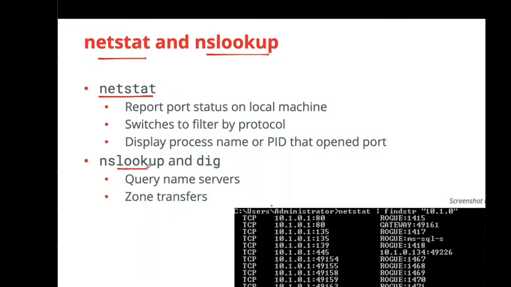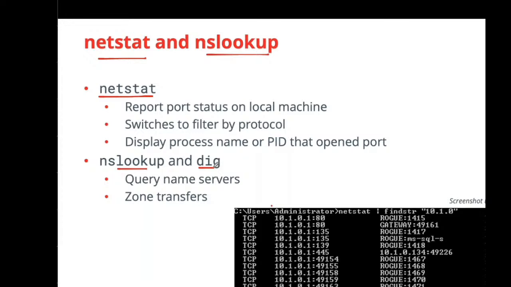Then you have nslookup in Windows and dig in Linux. It will query the records for a given domain using a particular DNS resolver. An attacker can use these commands.